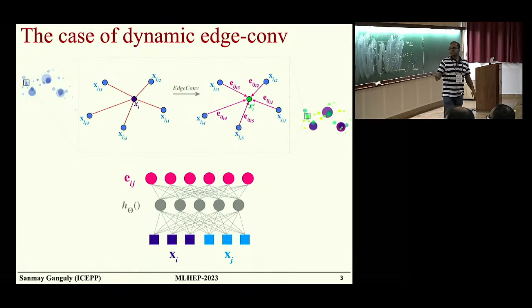As you keep changing the latent representation of the node data, you rebuild the graph each time and do message passing. Earlier, once the graph was defined, the topology of the graph was fixed. Static graph. You have a graph, you have nodes, you have a fixed adjacency matrix, and you do the message passing operation. Here, given the current node features, you rebuild the graph and then do the message passing.